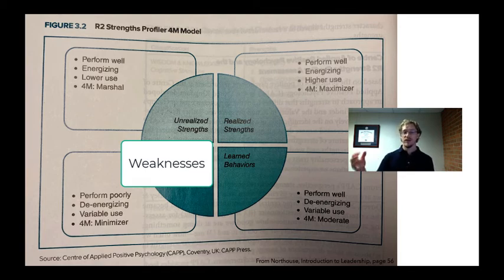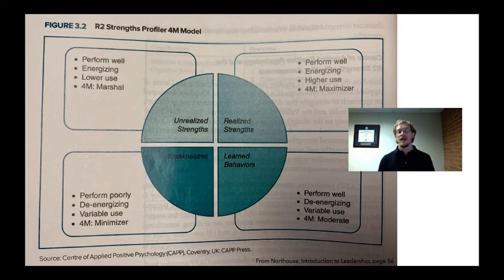We're not able to use that time to focus on areas in which we're good at. So this week, this chapter focuses on how to use our energy and time for realized strengths and maybe for unrealized strengths. So in other words, how can you go about your day by using your strengths rather than focusing on your weaknesses?